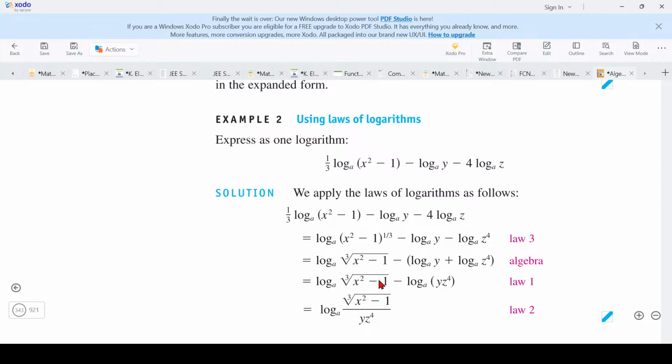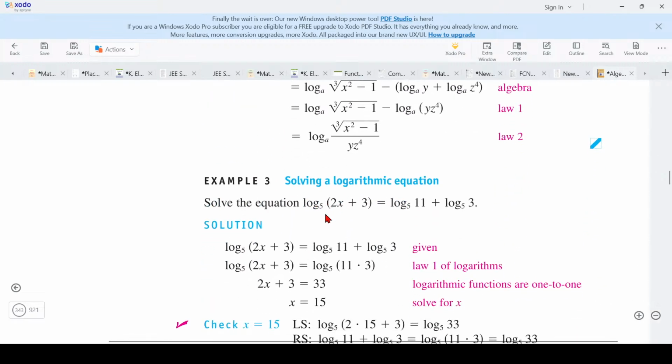Got it? Okay, very good. You can solve these kinds of equations, no?